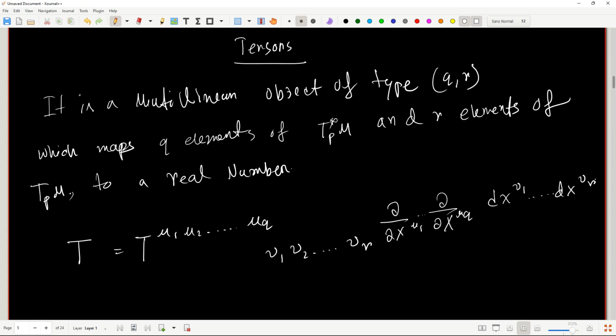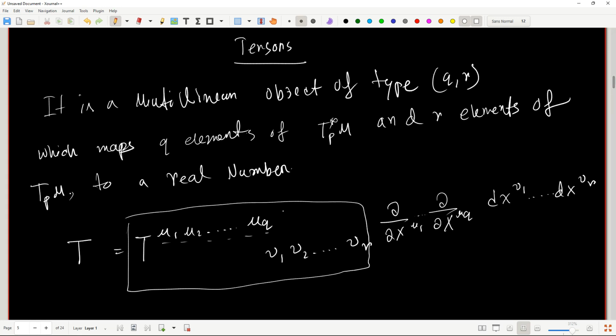The reason we call it multilinear is that on vectors and one-forms you saw that there is only one transformation matrix. But if you compare that with the component here, you see there are tons of indices, right?